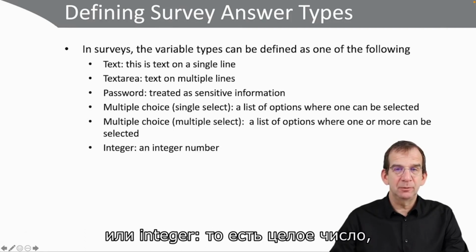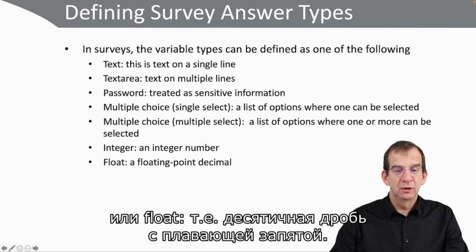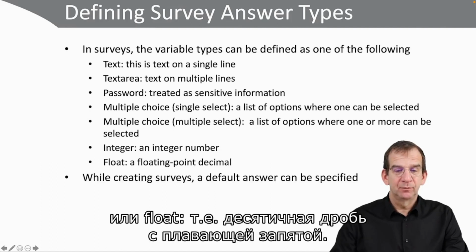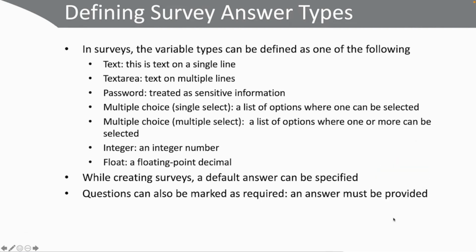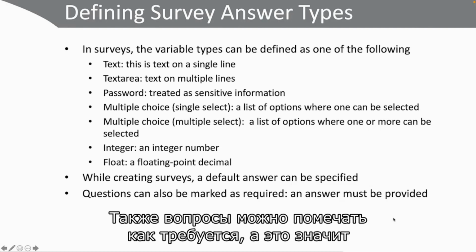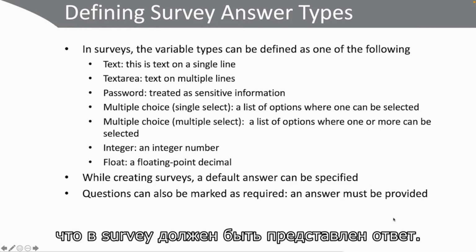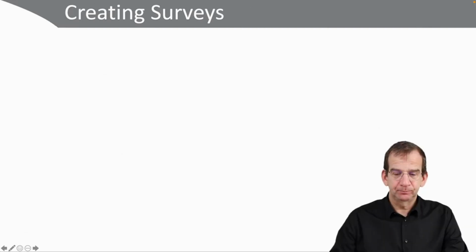Or also an integer, or a floating point decimal. And while creating a survey, a default answer can be specified to make it even easier. Also, questions can be marked as required, which means that an answer in the survey must be provided.